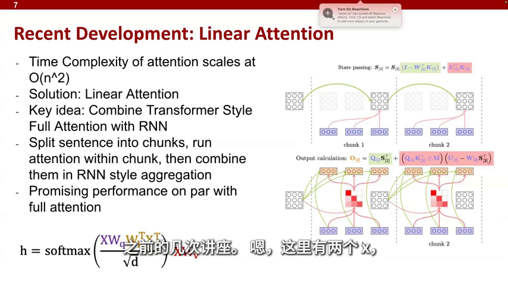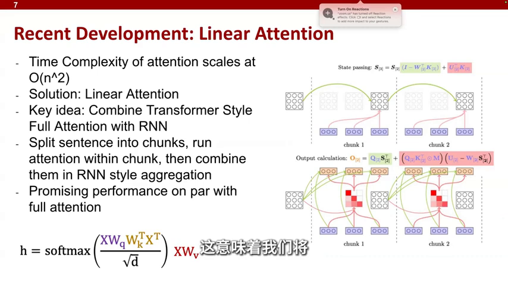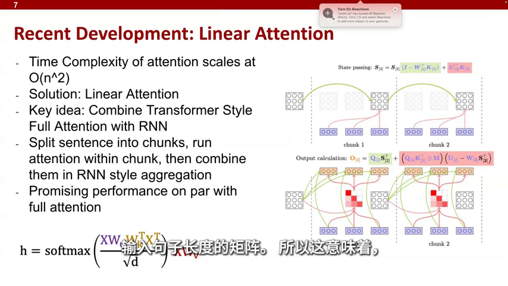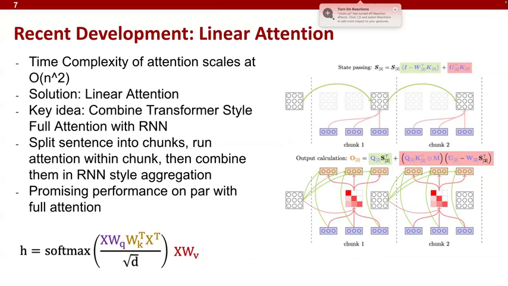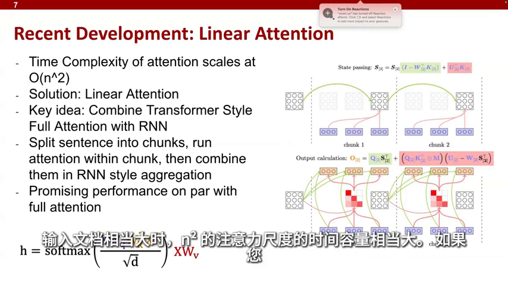We have QK transpose here, which means that we're multiplying a matrix of the length of the input sentence by another matrix of the length of the input sentence. That means the time complexity of attention scales as n squared. This is pretty large when your input document is pretty large.